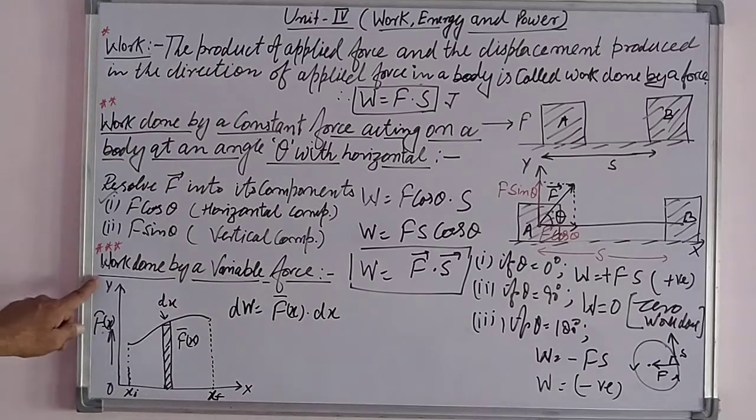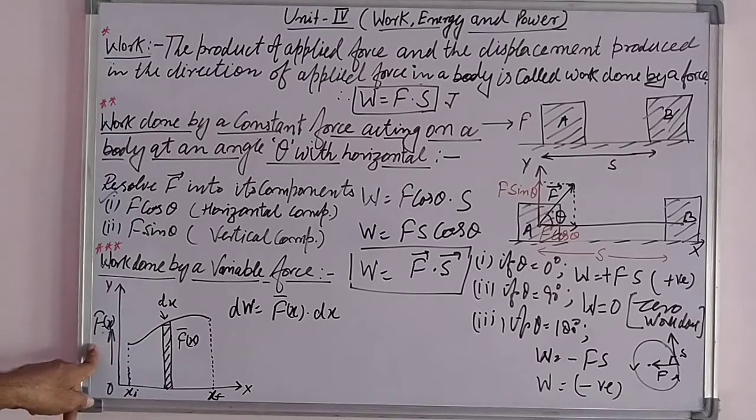Now the next, third article, is work done by a variable force. Now we have to consider here, suppose a variable force Fx is acting along the x direction. Suppose Fx is acting on the body and the body produces some displacement. The displacement produced in the body, say it is equal to x along the x-axis.